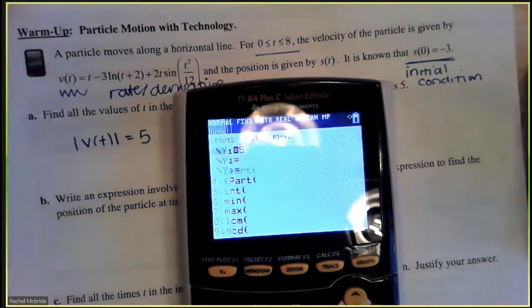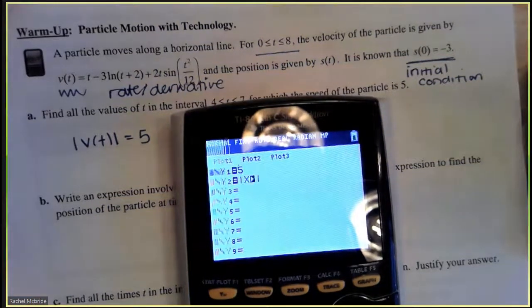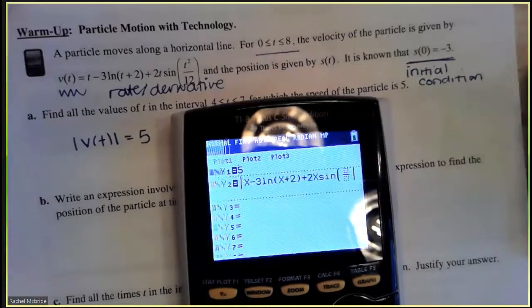So go over to math, go to absolute value. Velocity is x minus 3 natural log x plus 2 plus 2x sine of, get my fraction bar, x squared all over 12.